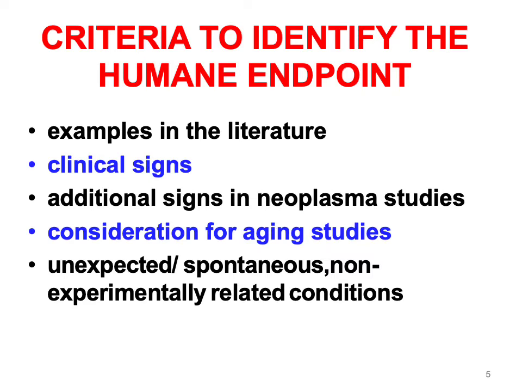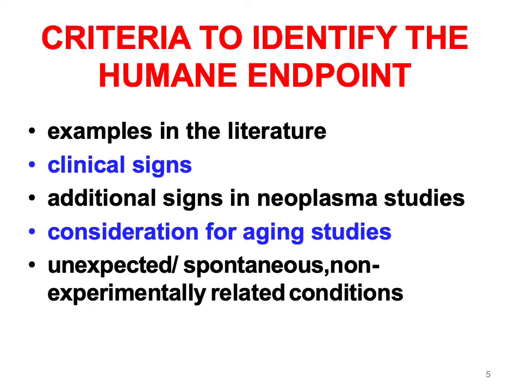Criteria to identify the humane endpoints include the examples in the literature and the observation of clinical signs. The clinical signs should be enlarged, as a tool, in case of tumor and aging studies.